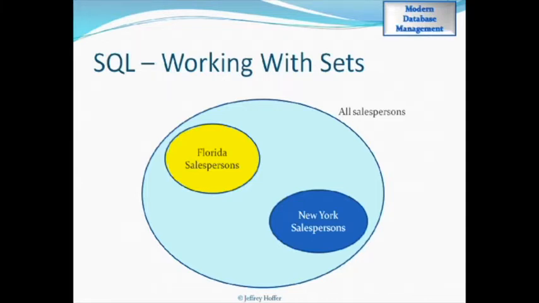A salesperson has only one value for salesperson state. But we are interested in combining the subsets, which we do with the Boolean operator OR. Sometimes we'll use the term union to combine sets rather than OR, but for our purpose here in a where clause, OR is the right choice. Implicitly, we are excluding all other salespersons not in Florida or New York at the time the query is executed.